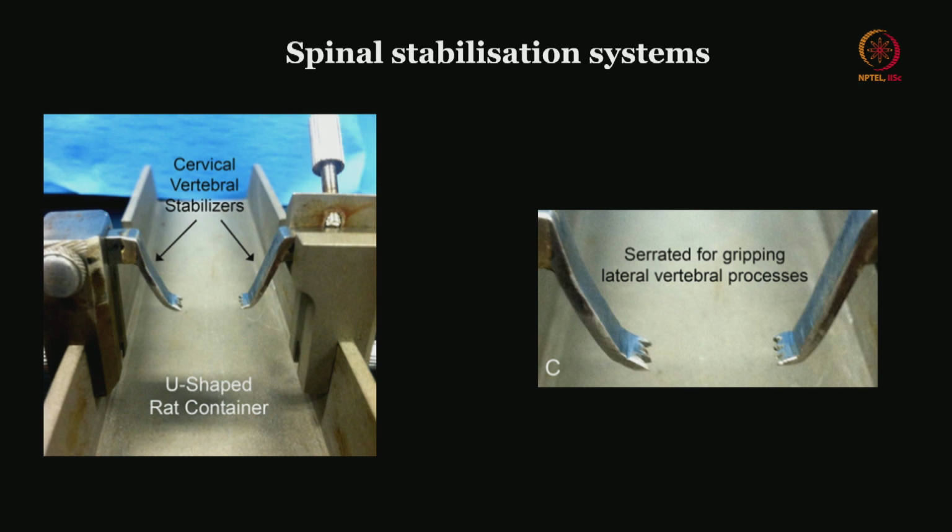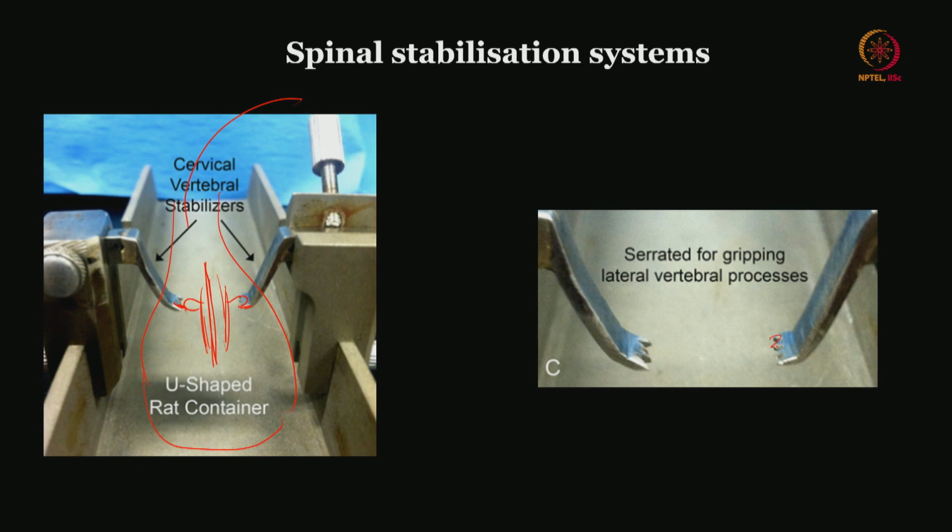You can see this is the trough of the U-shaped rat container which lies, and then once you expose the spinal column, you will expose the spinous process first after making the skin incision, then remove the muscles on the sides, and then you will have the transverse process there. So get these bars under the transverse process, and that gives the rigid fixation.